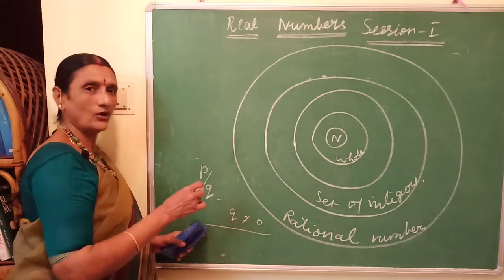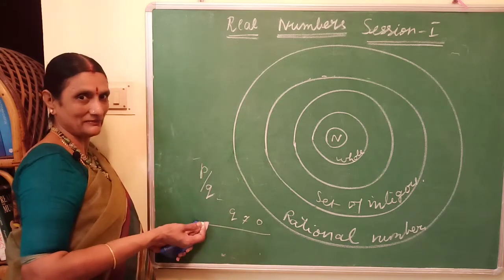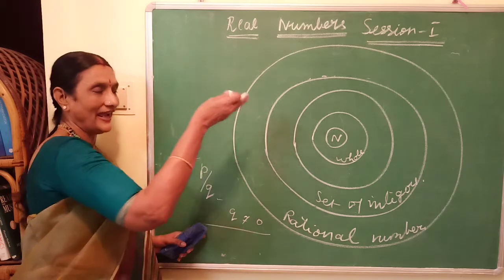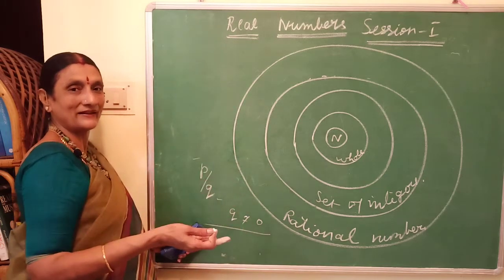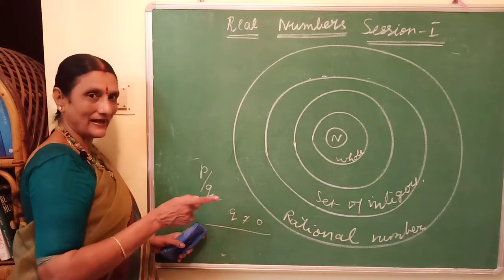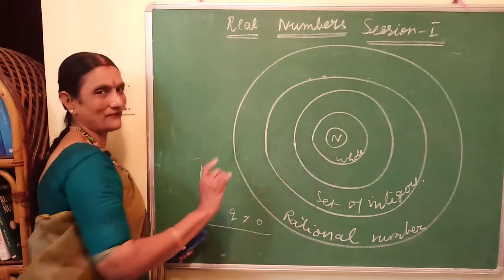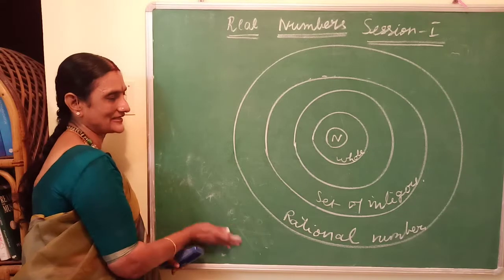Every whole number is a member of the rational numbers. Every integer is a member of the set of rational numbers. Every natural number is a member of the set of rational numbers. But not every rational number is a member of these sets. Can you quote an example?